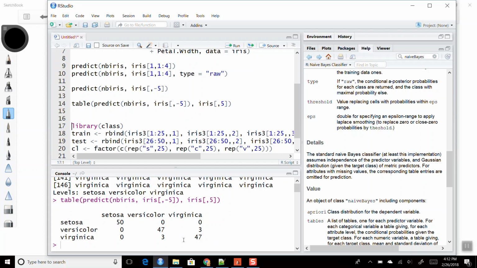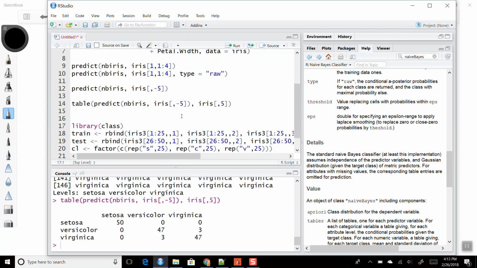But not so bad. It's just a coincidence that they have 3 misclassifications for both. It could have been 2 and 4 over here or something like that. There's nothing that says it has to predict 50 for each column or row.